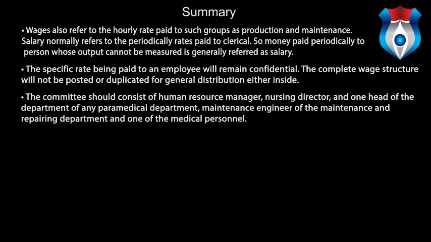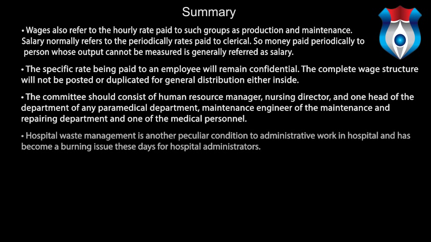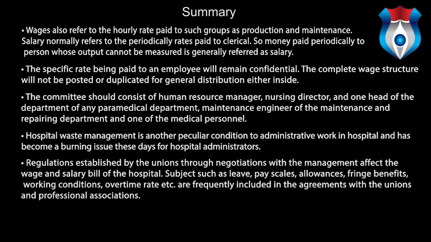The committee should consist of the human resource manager, nursing director, one head of any paramedical department, the maintenance engineer of the maintenance and repairing department, and one of the medical personnel. Regulations established by the unions through negotiation with the management affect the wage and salary bill of the hospital.